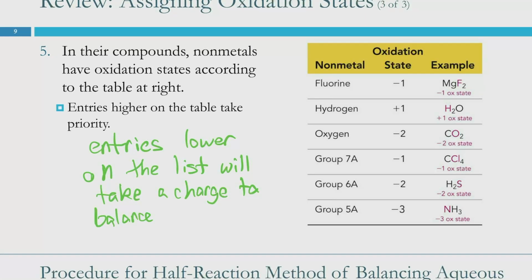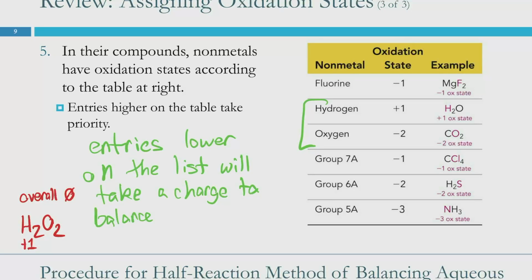So one example of this happening is hydrogen peroxide, H2O2. H2O2 is a neutral molecule, so its overall oxidation state is 0. Hydrogen is higher on the list than oxygen, so hydrogen gets assigned a +1.